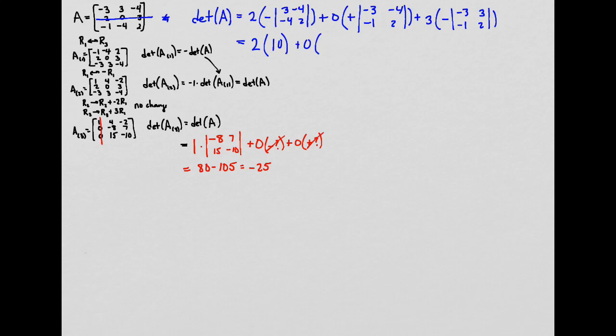Plus 0 times, doesn't matter, plus 3 times, what do we get? We get -6 minus -3, so that's -6 plus 3, -3, +3, 3 times 3, there's 9, so I get 20 plus 9, 29. Did I do something wrong?